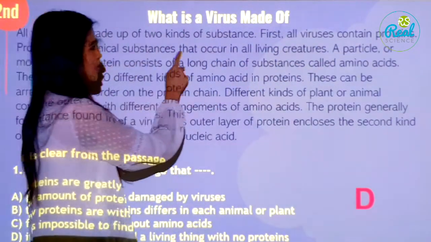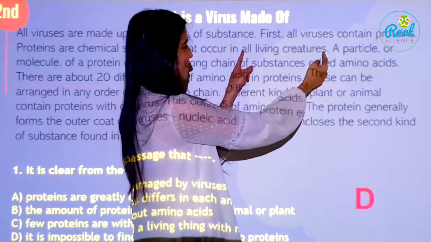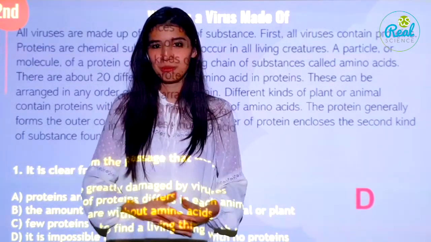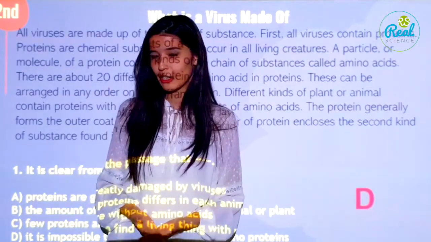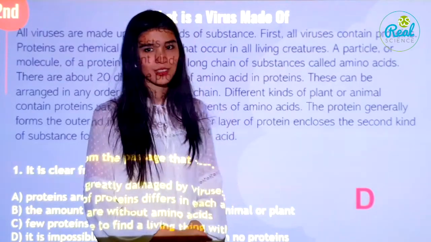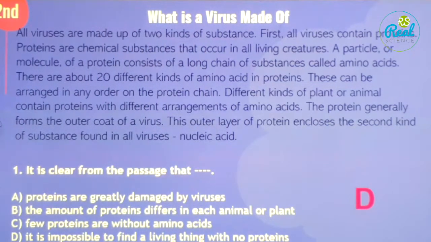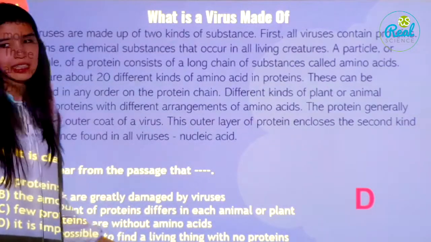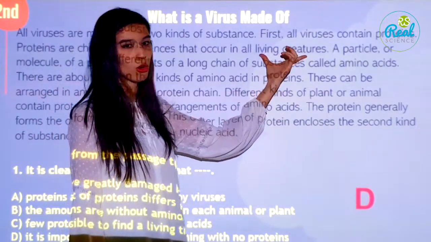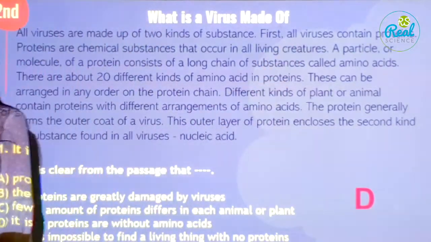Proteins are chemical substances that occur in all living creatures. In all. So it means it's impossible to find a place where you don't find the proteins. Logical? Yes. So read the question carefully next time, as well as the text. Is this part clear? Why is the answer D? Yes, because of this all living creatures part.